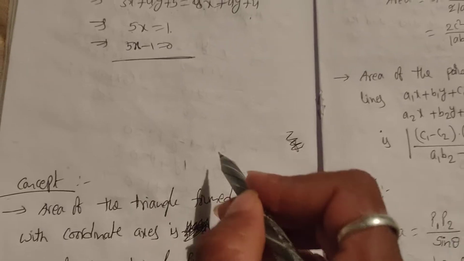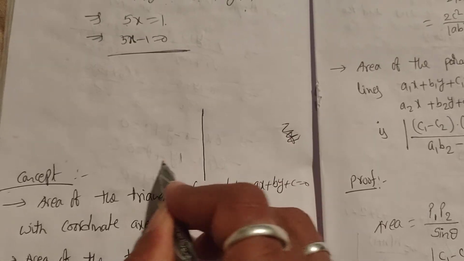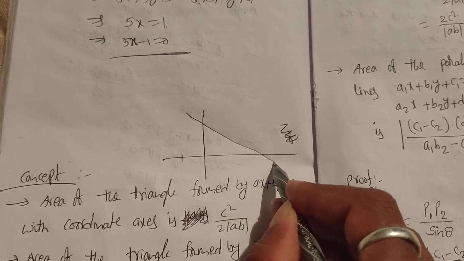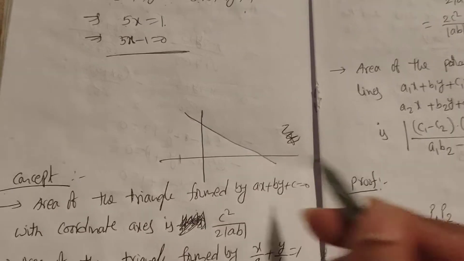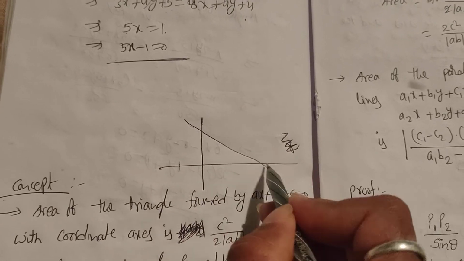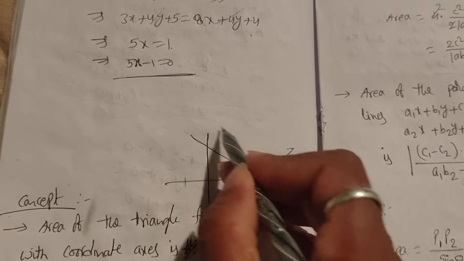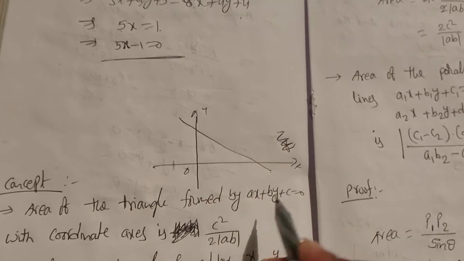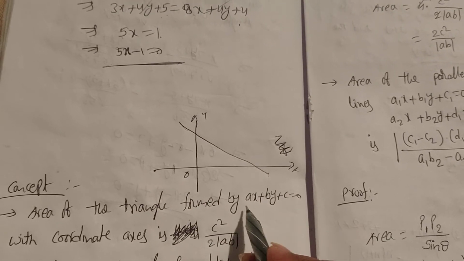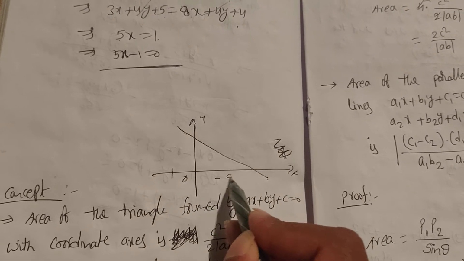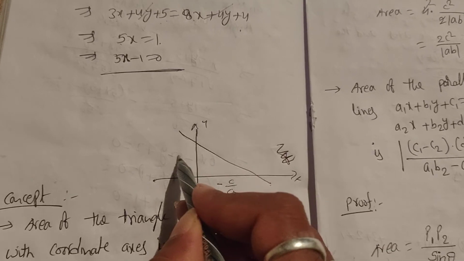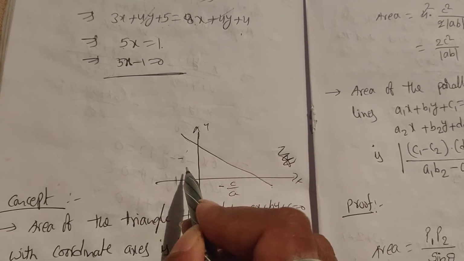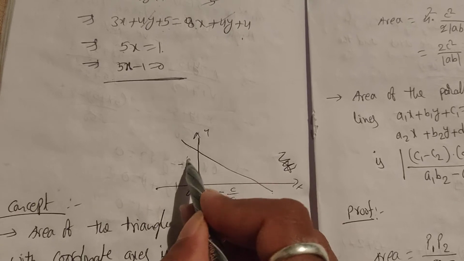That means that one will be like this. This is the coordinate axis. This is ax plus by plus c is equal to 0. So whenever it is ax plus by plus c is equal to 0, this is x-axis, this is y-axis, this is 0. Then here x-intercept is nothing but minus c by a. Y-intercept is nothing but minus c by b.